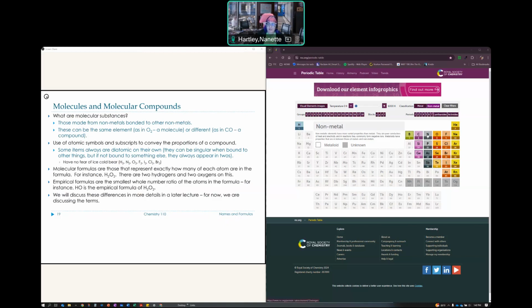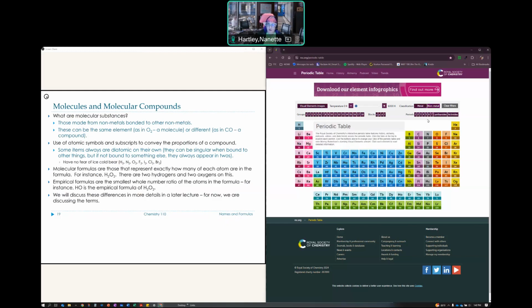So they make this nice little 7 on the table. And of course, if I turn this off, carbon, nitrogen, oxygen, fluorine, chlorine, bromine, and iodine, and then hydrogen. Those are the ones that appear as dimers. You are responsible for knowing that. It becomes important when we start talking about balancing equations and writing those kinds of things. So you will need to know that.